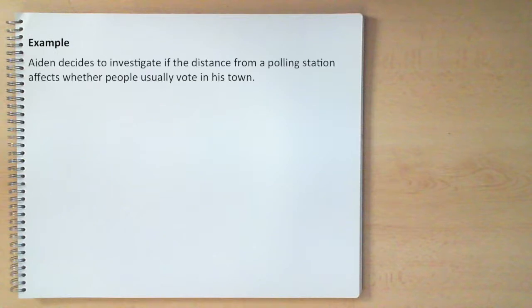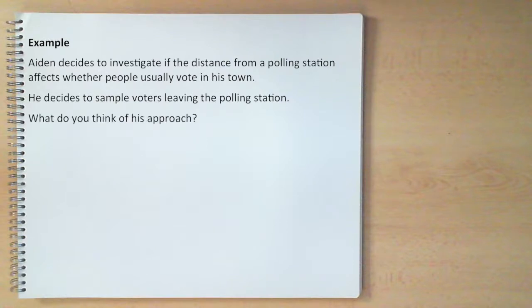Here's an example. Aidan decides to investigate whether the distance from a polling station affects whether people usually vote in his town. He decides to sample voters leaving the polling station. So what do you think of that approach?